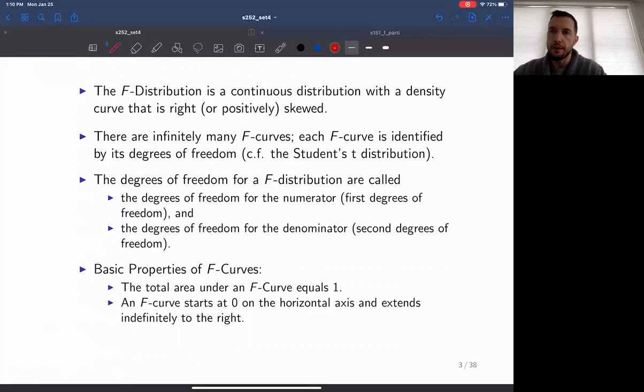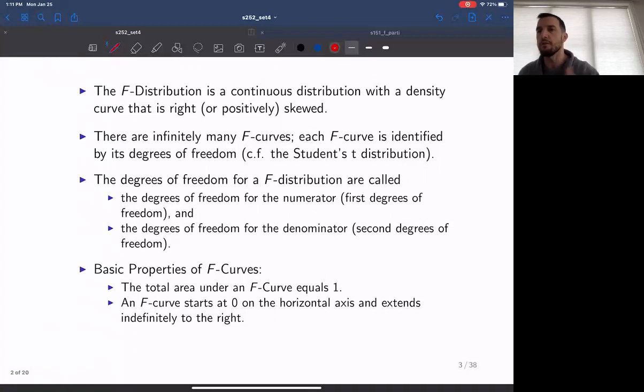The degrees of freedom control the shape of the curve. With a student's T distribution, as the degrees of freedom went up, the tails would come in and the peak would increase. With the F distribution, as the degrees of freedom change, the peak and the skewness change with it. So those are the parameters of the distribution.